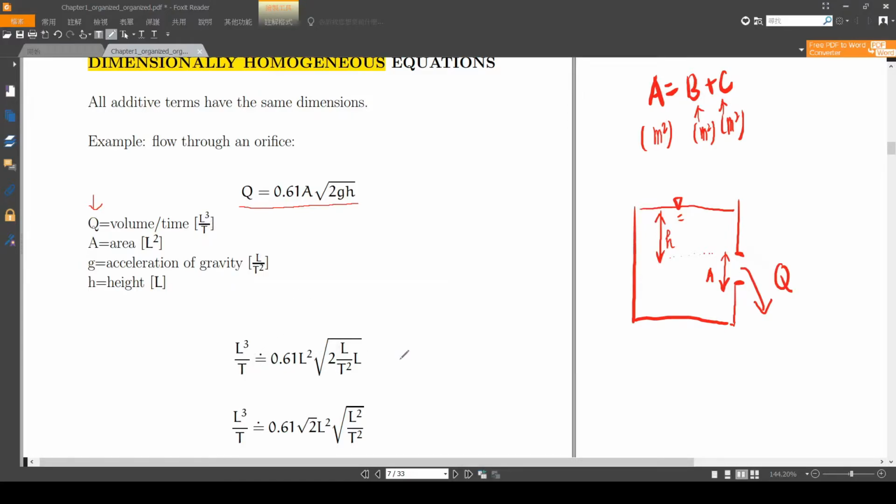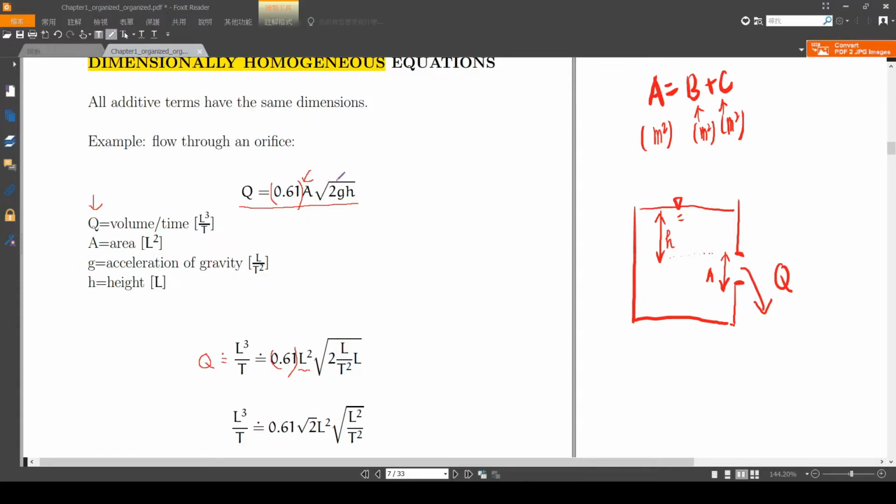And this is the unit of the Q. And the 0.61 is the constant. It is dimensionless, so it is not important. The dimension of the area is equal to the length square, so we put the length square here.